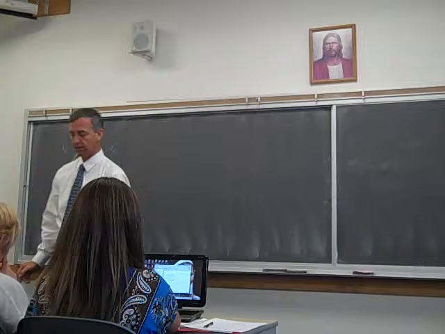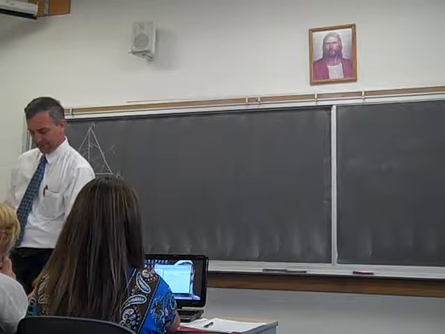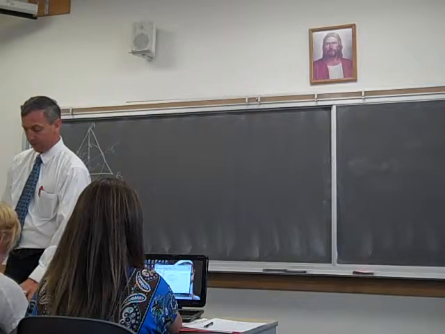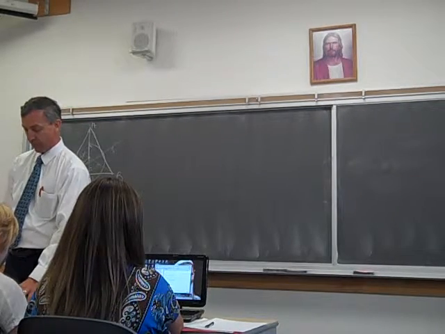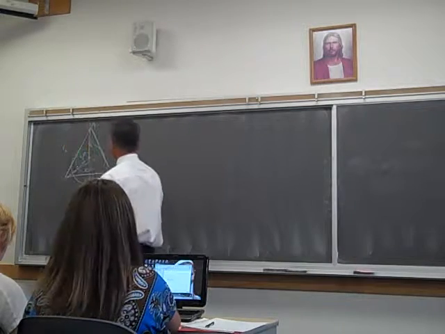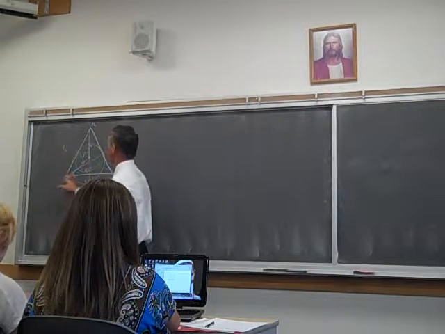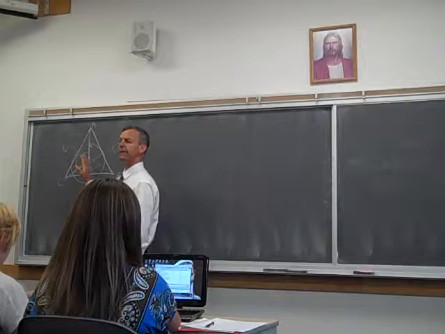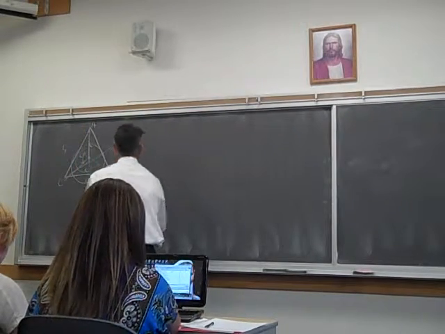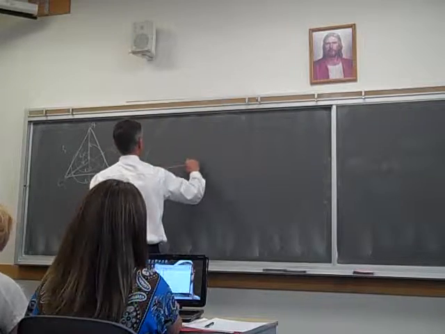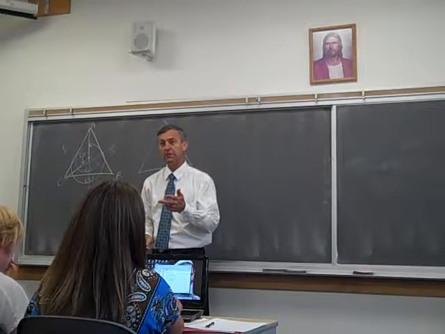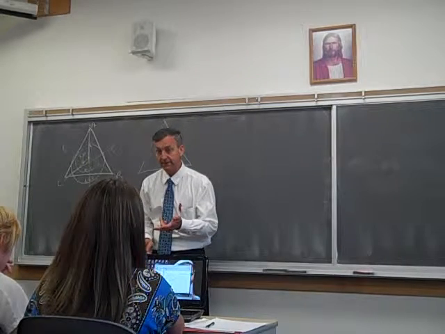Okay, so here's what we need to do. Let's take the first one together. The figure called L1. If we took this triangle labeled A, B, C, and we reflected it in the line L1, that's this one, I would get a new shape that's the very same shape, but the letters would be in different spots.